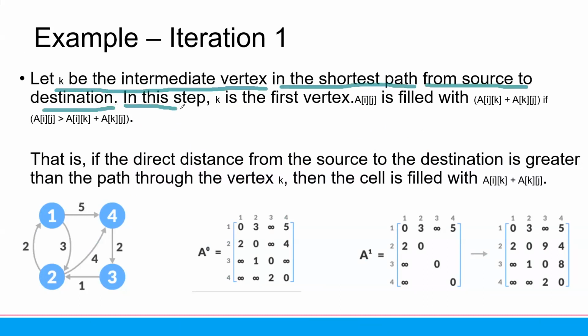So in this step, k is the first vertex, and a_ij is filled with a_ik plus a_kj. And then if this one is satisfied, a_ij is greater than a_ik plus a_kj.